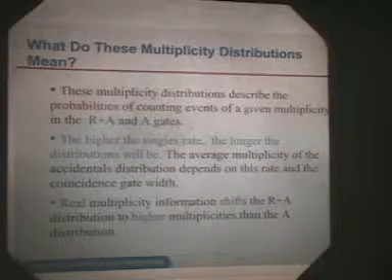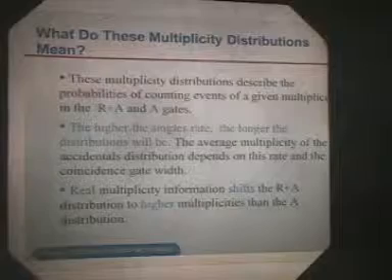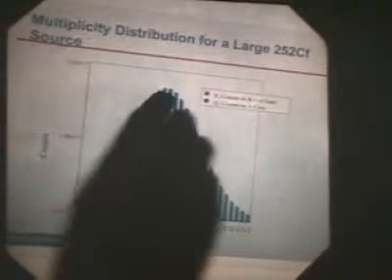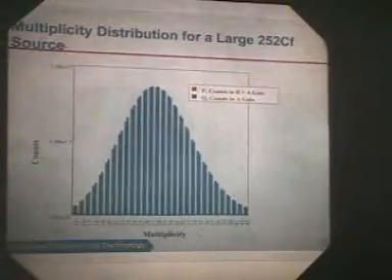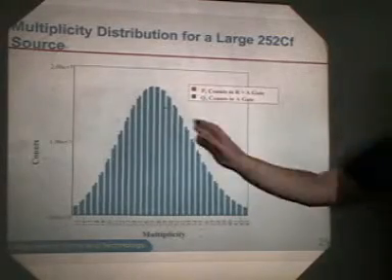But the real multiplicity information, which is the reals plus the triples, is represented as the difference between the reals plus accidentals and the accidentals element along all of these.